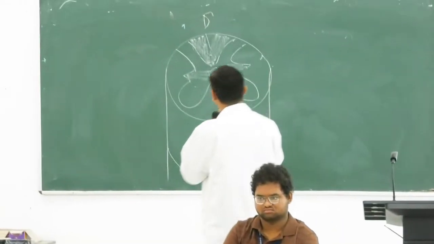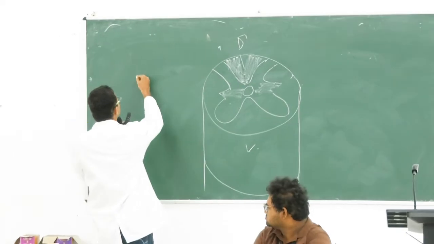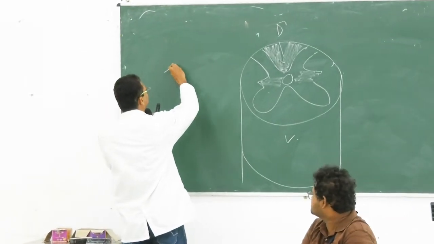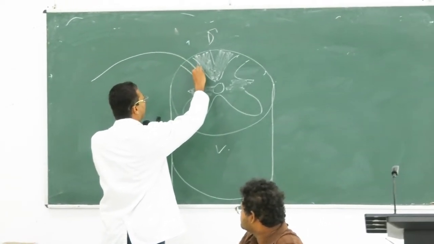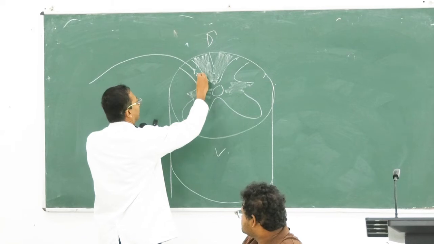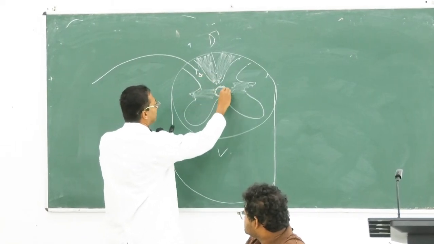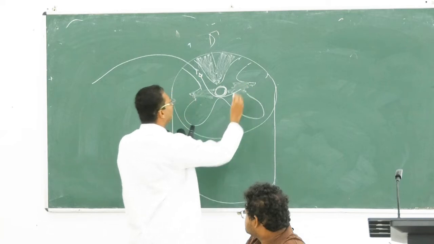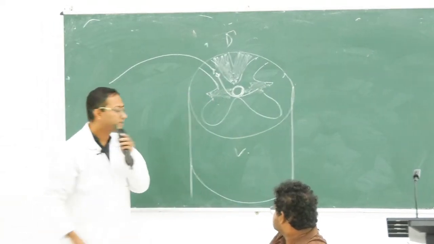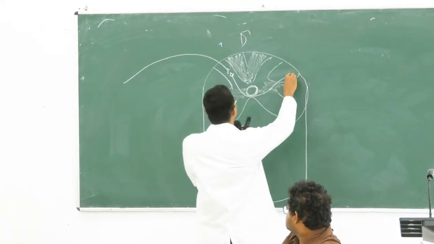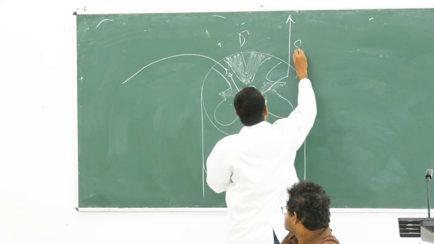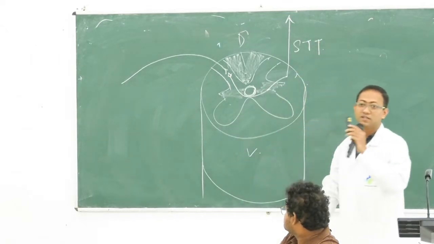So how is it happening? This is the dorsal root. Pain and temperature carrying fibers enter the spinal cord, and the second order neuron, in front of the central canal, crosses to the opposite side immediately, and once on the opposite side, it ascends. This is the spinothalamic tract.